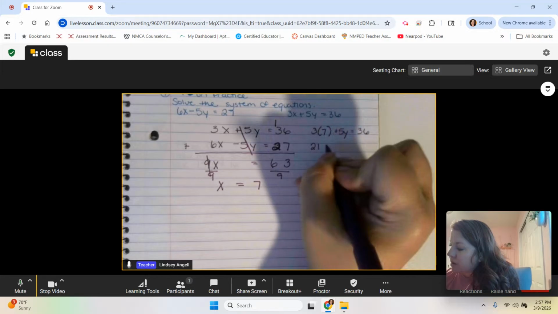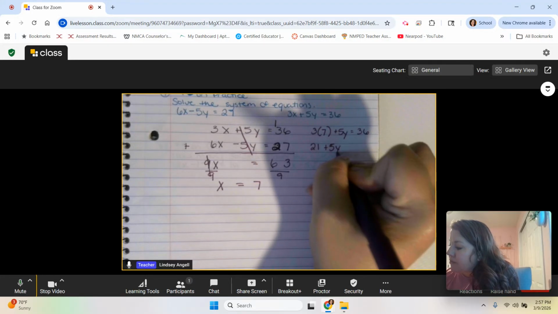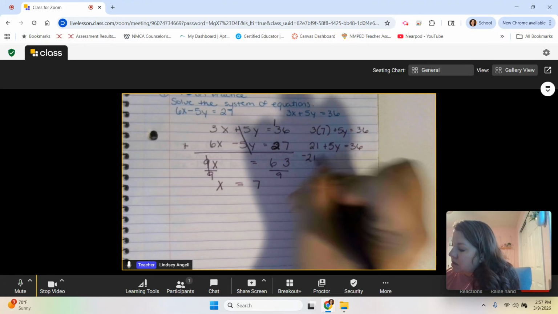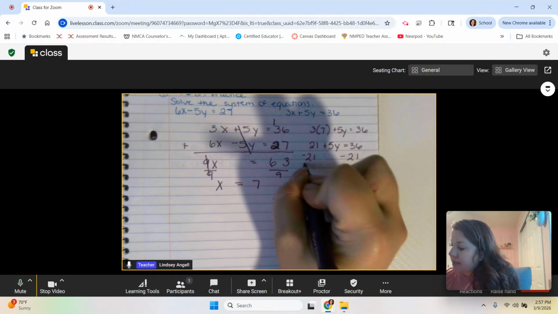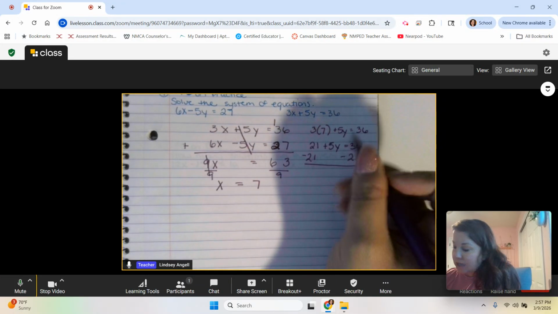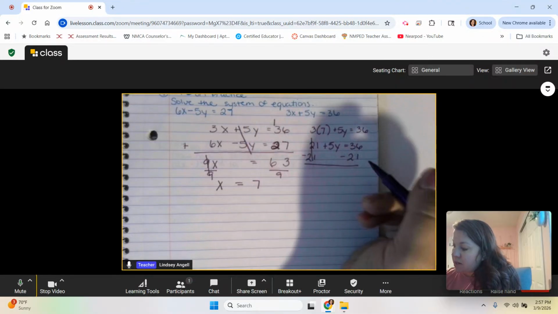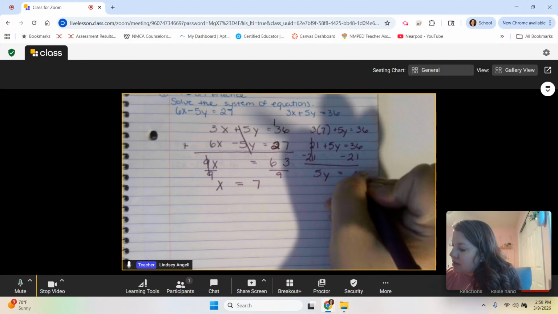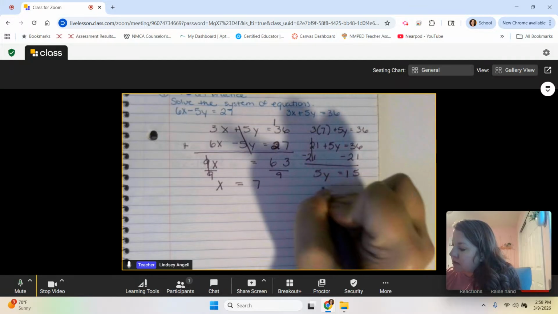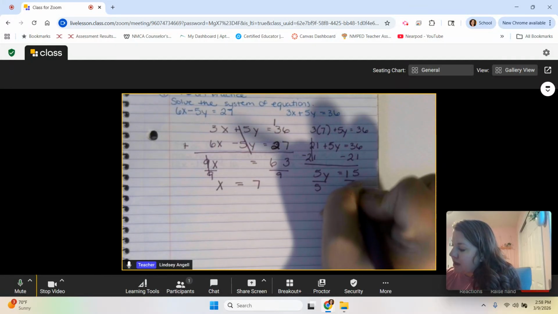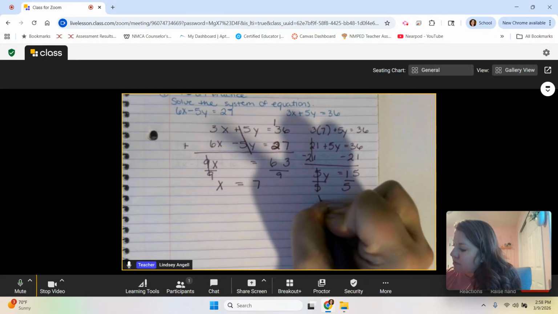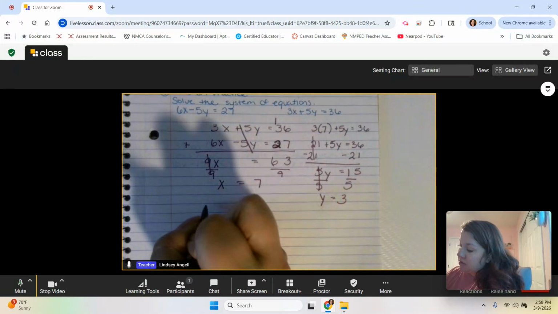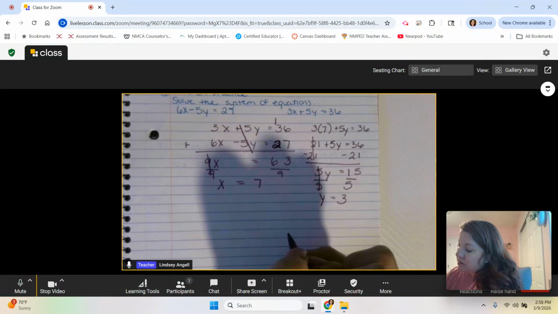So I have 21 plus 5y equals 36. I'll subtract 21 from both sides, working towards getting y by itself. 21 minus 21 is 0. Those cancel. I'm left with 5y equals 15. Divide by 5. Divide by 5. y equals positive 3.